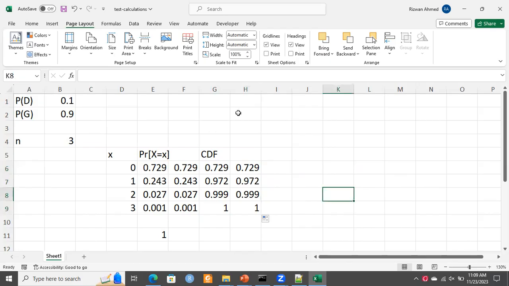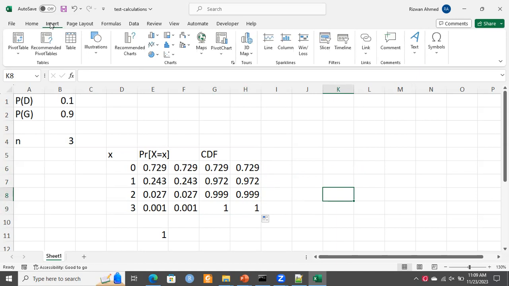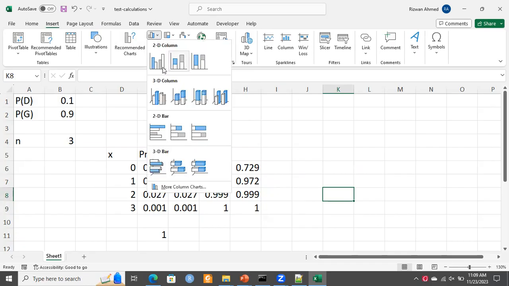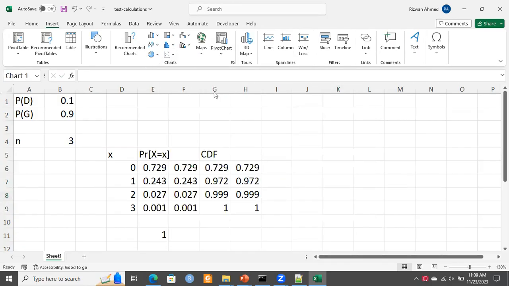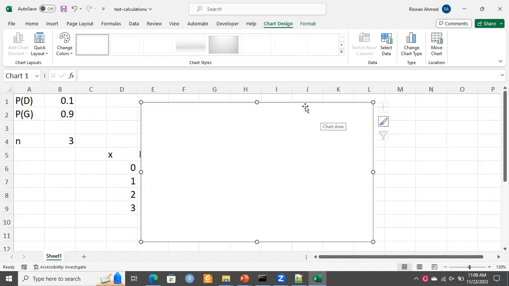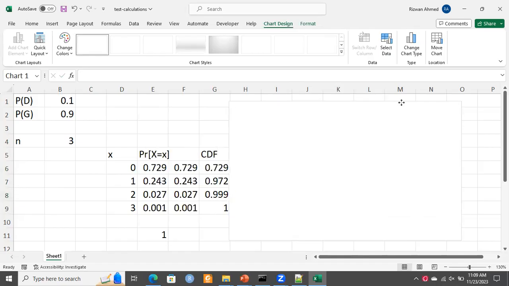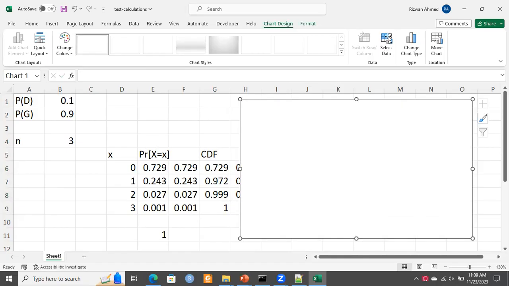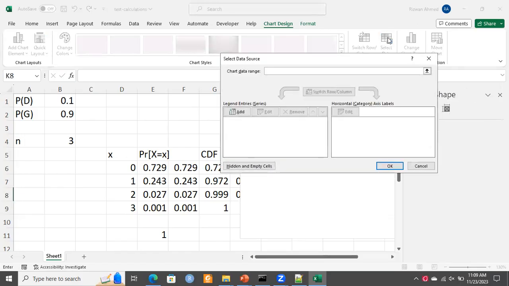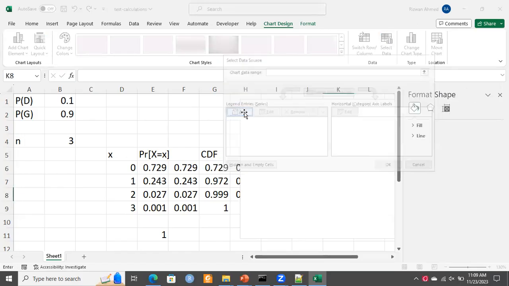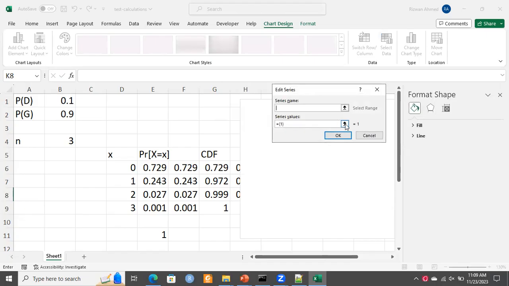So you can do the plotting. For example, the density function, I plot it with columns. Select data option, add a series.